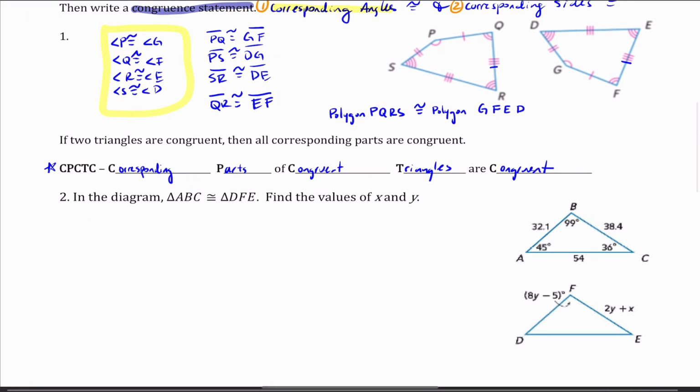So, again, if 2 triangles are congruent, then all corresponding parts are congruent.